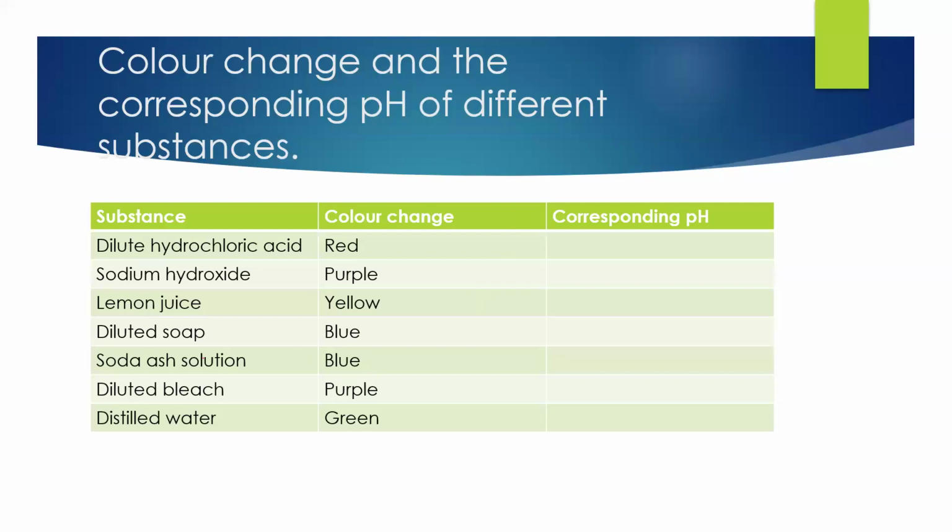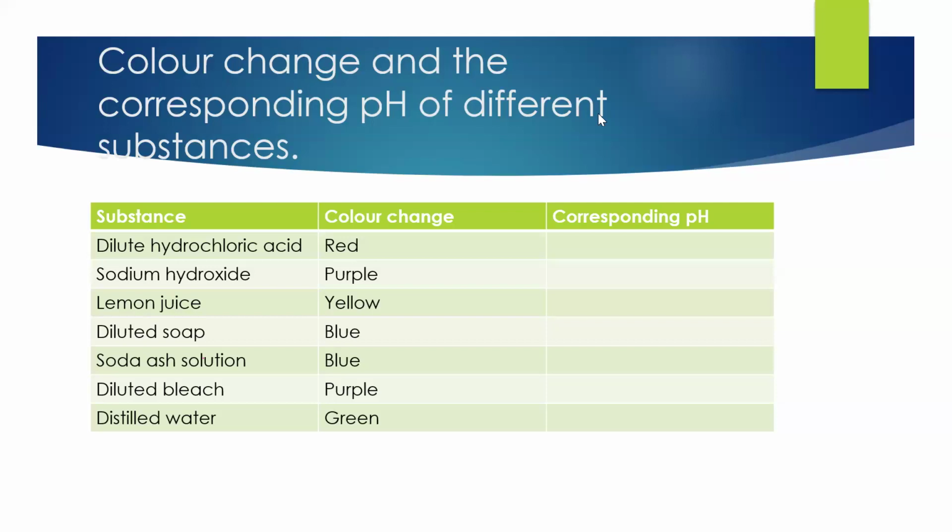Then diluted bleach. It's blue. What is its pH value? Diluted bleach. Let's hear from Lara. 14. 14, good.